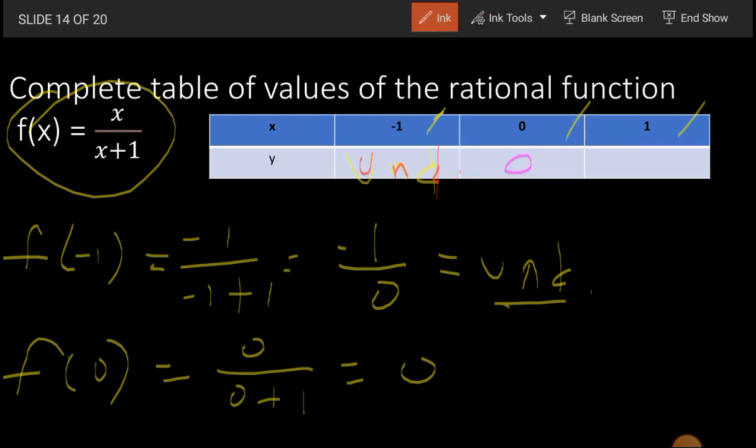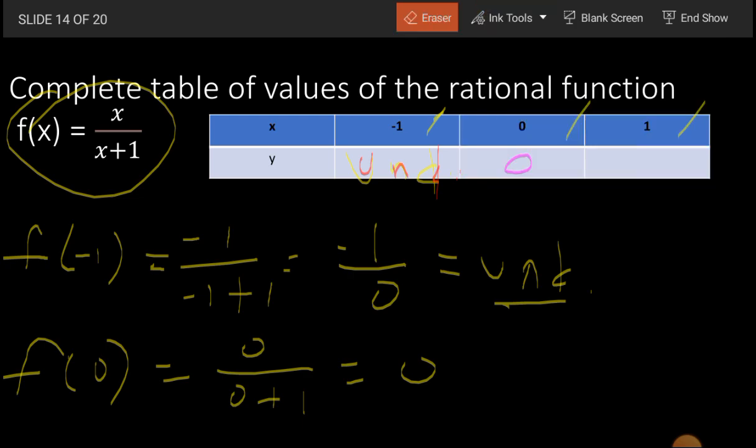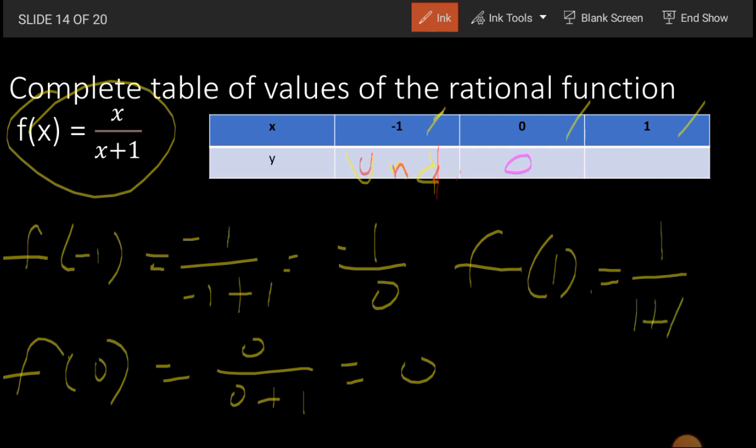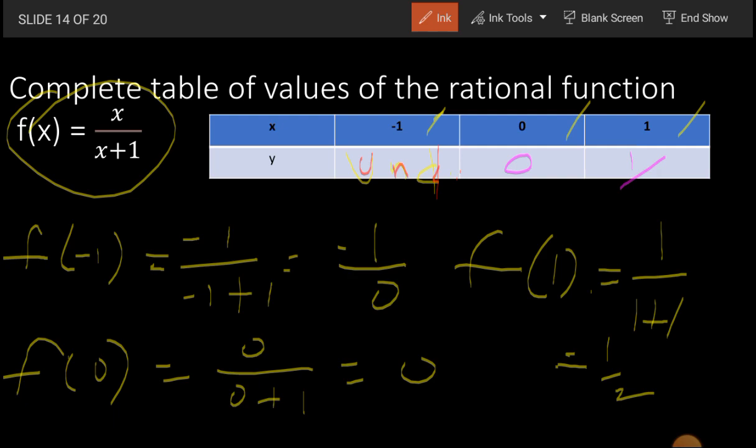And if x equals 1, then f of 1 equals 1 over 1 plus 1, then that will be 1/2. So the function of x here on this part is 1/2. Y equals 1/2. So undefined, 0, and 1/2.